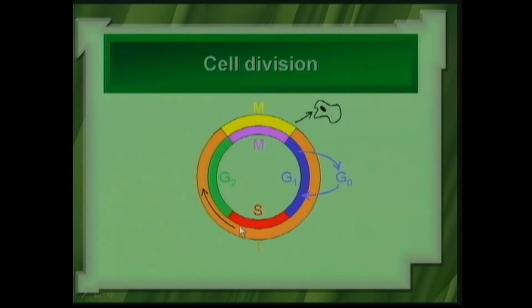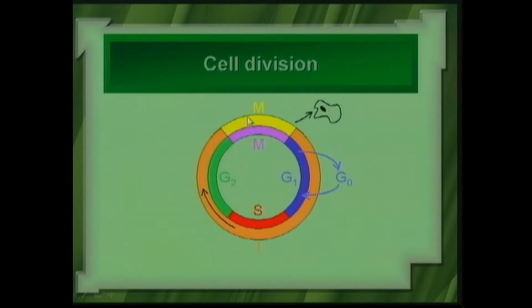Then during the S phase, the synthesis phase, DNA is being synthesized. During the gap 2 phase, the cell is making more organelles, is also metabolically active, and is readying itself for mitosis, or cell division.